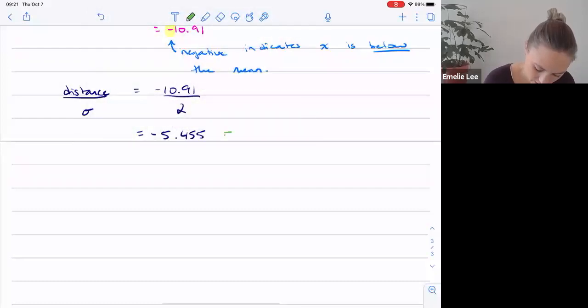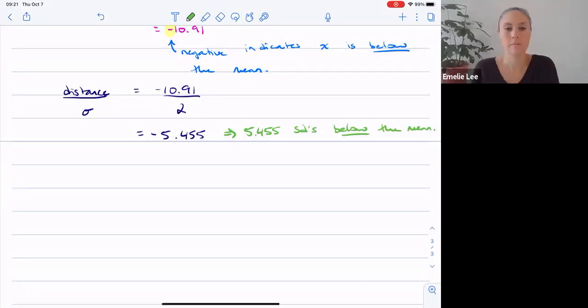Which means what? 5.455 standard deviations below the mean. Yeah, definitely an outlier, right?